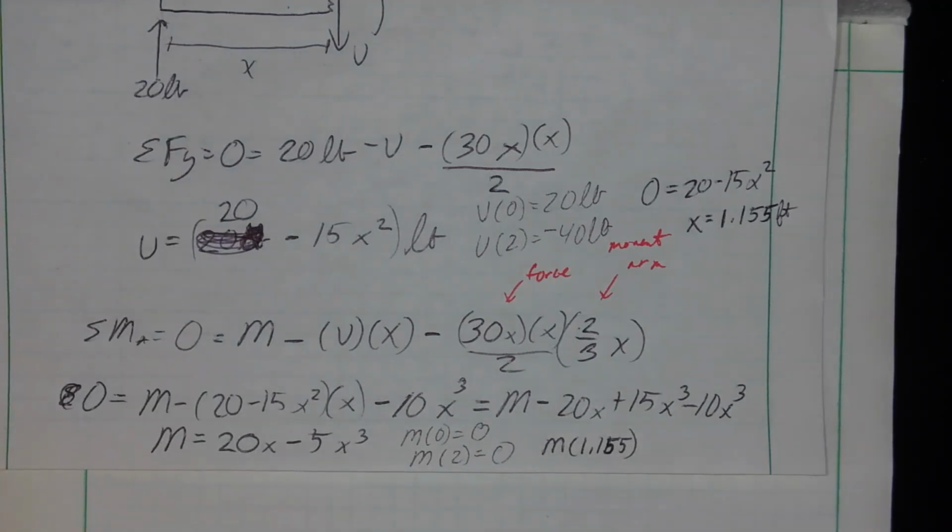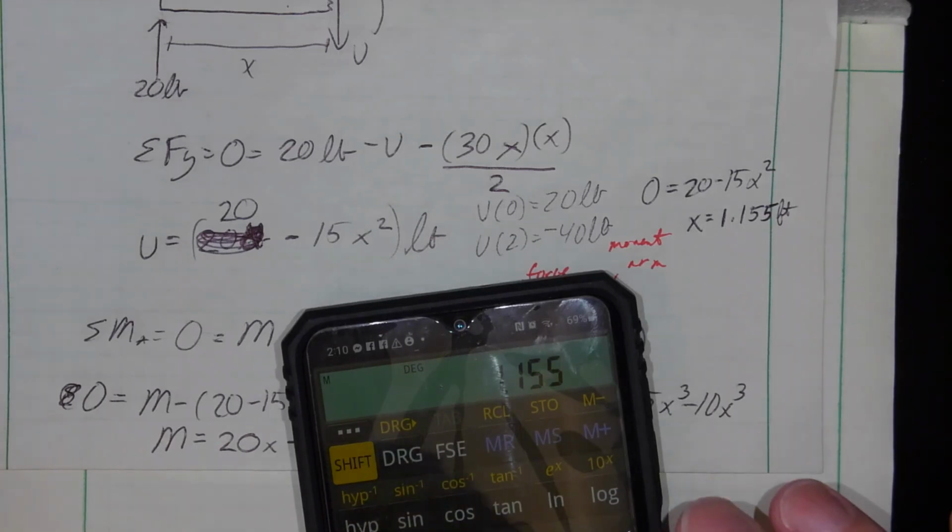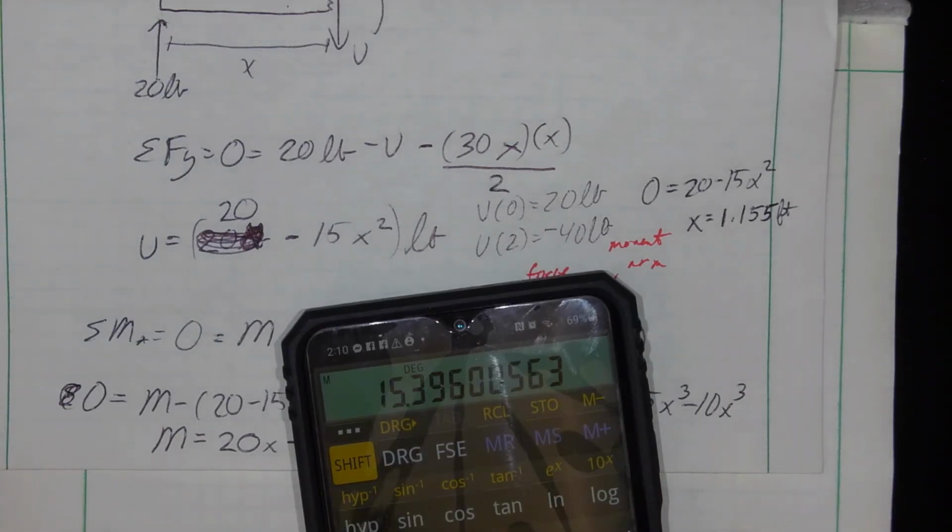So that is 20 times 1.155, and then subtract from that 5 times 1.155 to the third power. I get a value there.